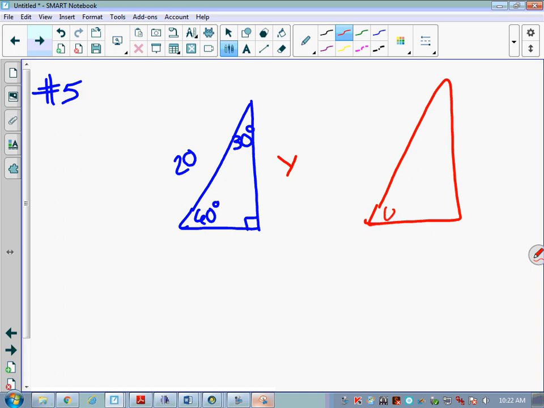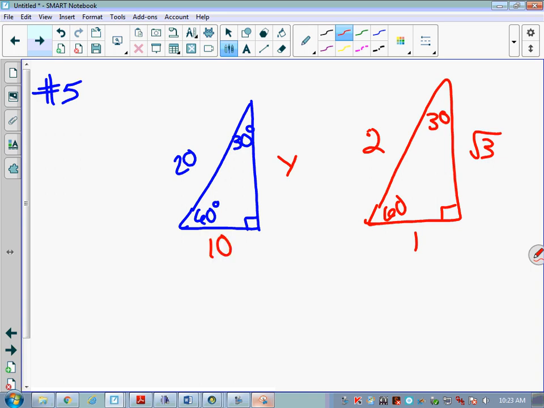If this is 60 and this is 30, somebody said 1, and you're kind of right. The ratio is 1, right? What goes over here? 2, and what goes over here? Radical 3. So if what's opposite of 30 is 1, then the hypotenuse is 2, and then the opposite of 60 is radical 3. But my hypotenuse is not 2. It's 20.